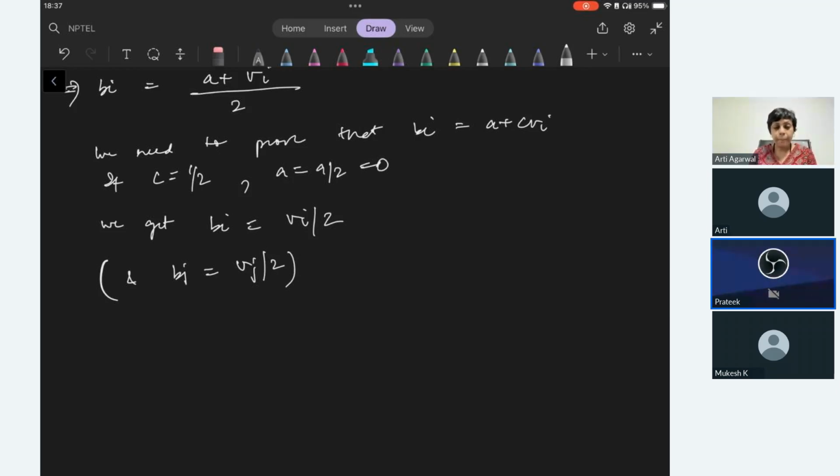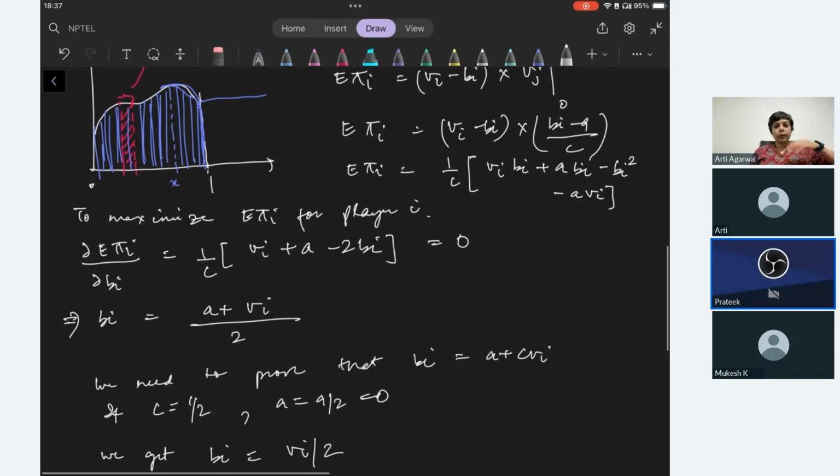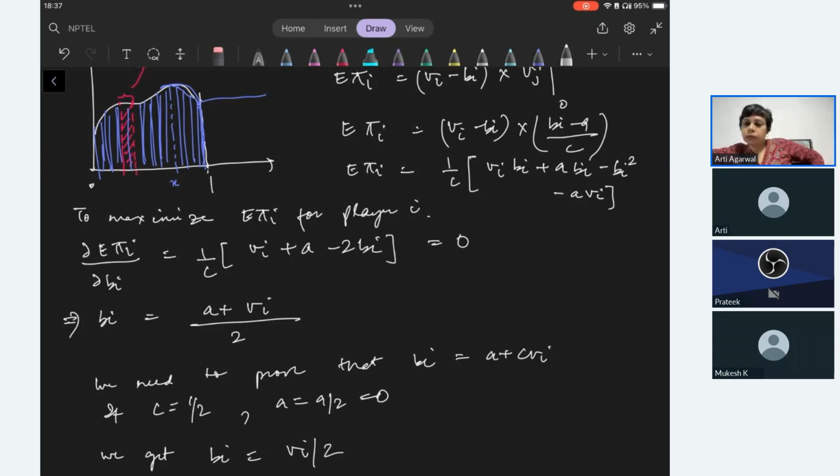In the lectures of this week, week 6, the professors have shown the proofs that the Nash equilibria for a first price sealed bid auction is V by 2, that is, half of V1 and half of V2, right?